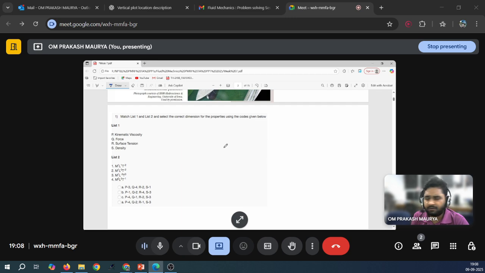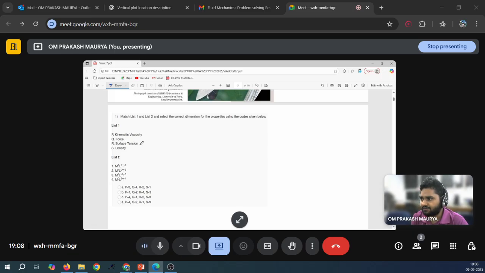Before moving ahead, let us discuss some basics of the dimensions. Here you have list 1 and list 2. List 1 is about kinematic viscosity, which is given as P, and Q corresponds to force.